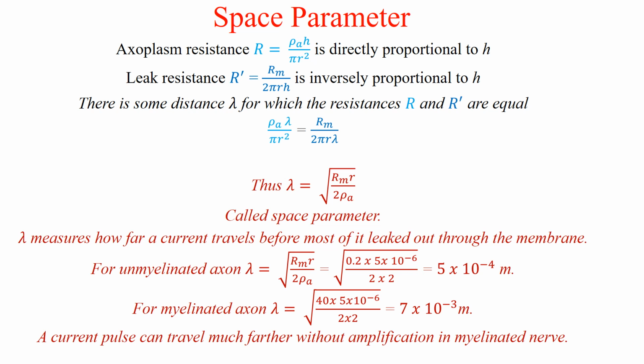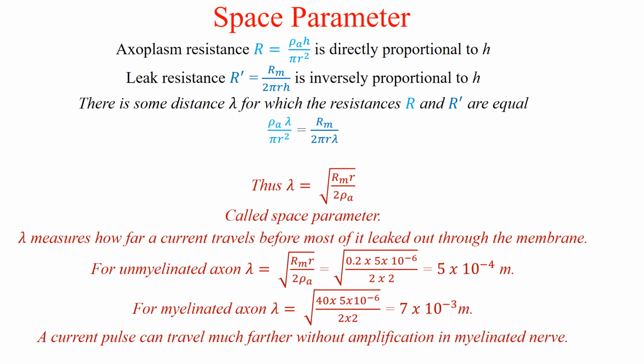So just put lambda for h in the formulas of R and R prime, then equate R with R prime. So rho a lambda over pi r squared equals Rm over 2 pi r lambda, and from here you can find that lambda equals the square root of Rm r over 2 rho a.